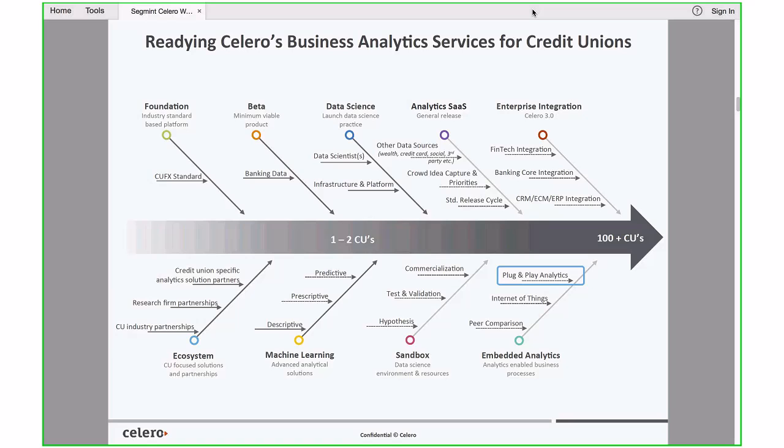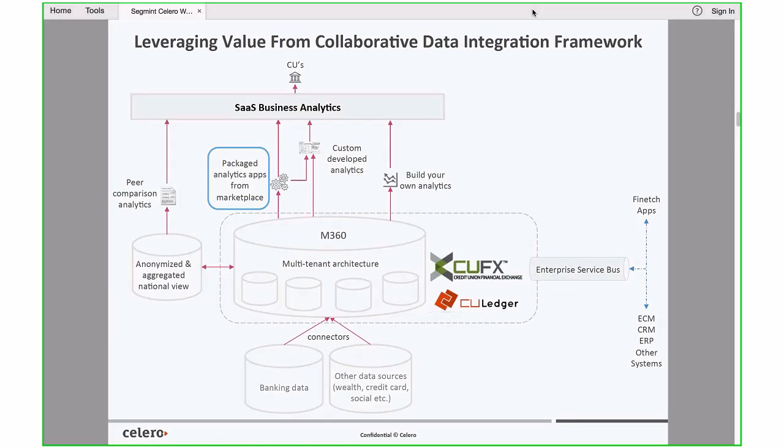Next slide, please. So finally, for all the technical folks on the call, the million-dollar question: where does a solution like Segmint fit into the overall architecture of Cellero's analytics framework? I'm not going to describe our overall analytics framework. We covered that in the previous webinars. But I want to highlight that blue area, where we are providing this bigger value of offering an industry standard, credit union financial exchange standard based analytics platform.